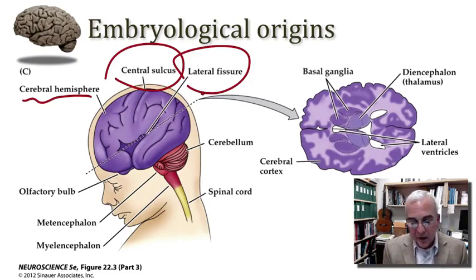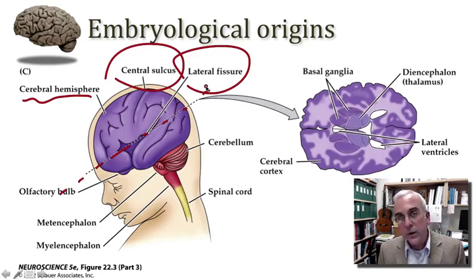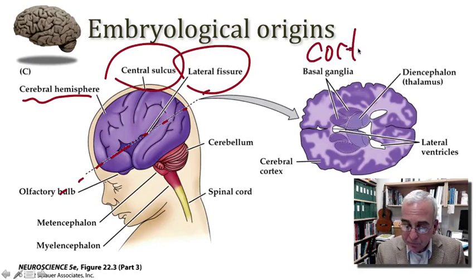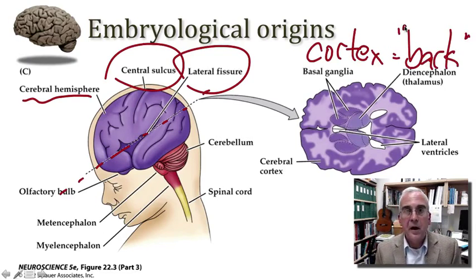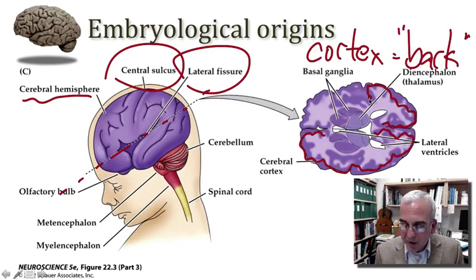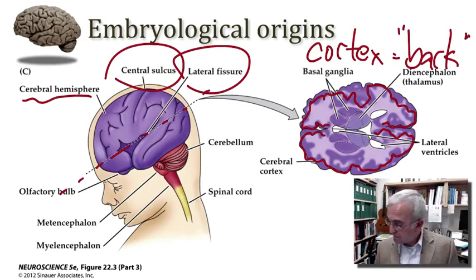And as we look inside this brain, if we were to take a cross-section, what we would observe is an outer cortex, which means bark, like the bark on a tree, the outer rind of tissue. So the cerebral cortex is this outermost layer that we observe when we look through a cross-section through the forebrain.